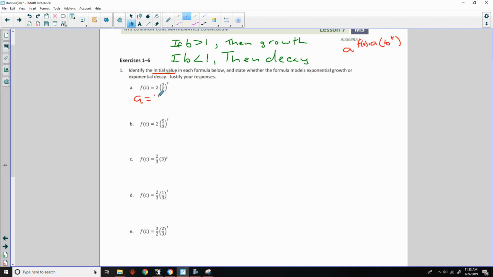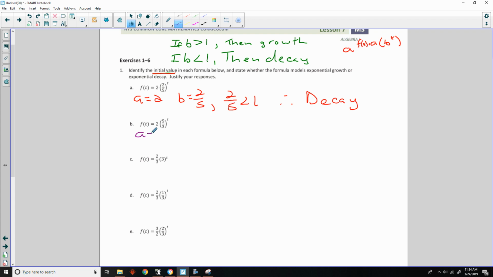So a equals 2 here, and b equals 2/5, and 2/5 is less than 1, therefore growth. Okay, there's no calculating here, we just have to answer the question. I'm sorry, not growth, decay. What am I thinking? 2/5 is less than 1, that is decay. My apologies there. All right, next one.